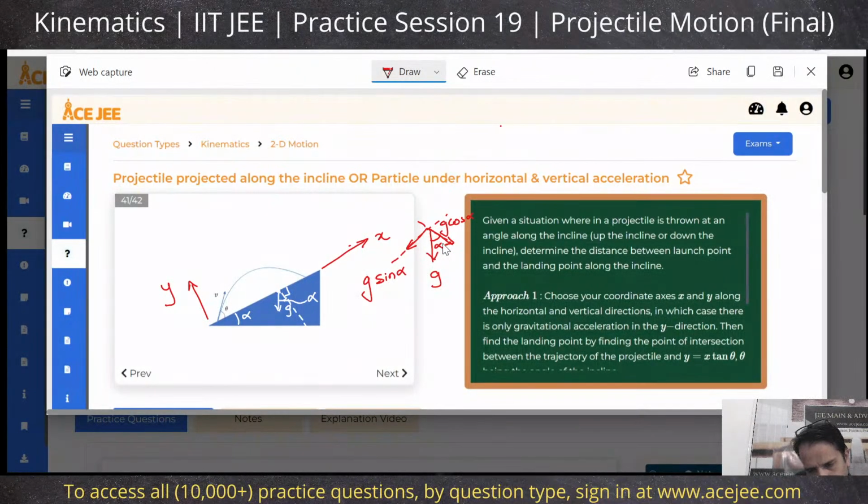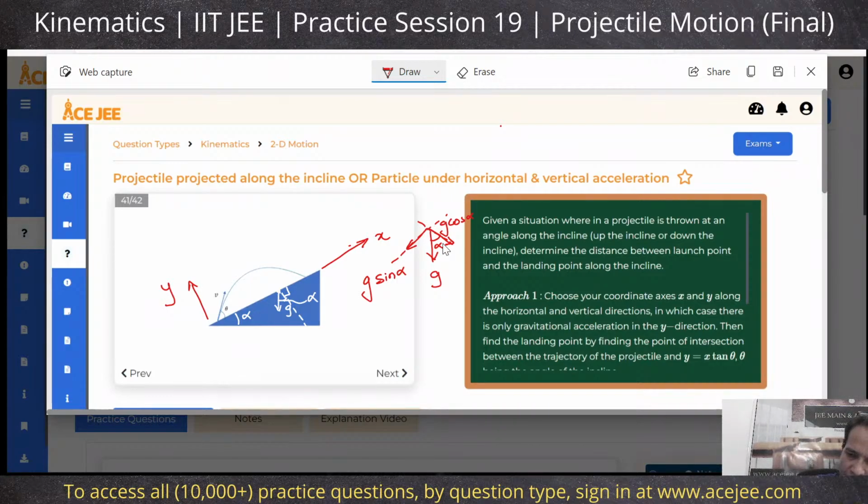Okay. So now for the two directions, x and y, note that unlike the typical scenario of a projectile, where we do not have any acceleration along the x-axis, which is along the horizontal, and we only have the acceleration g along the vertical, in this scenario, we have accelerations along both x and y.